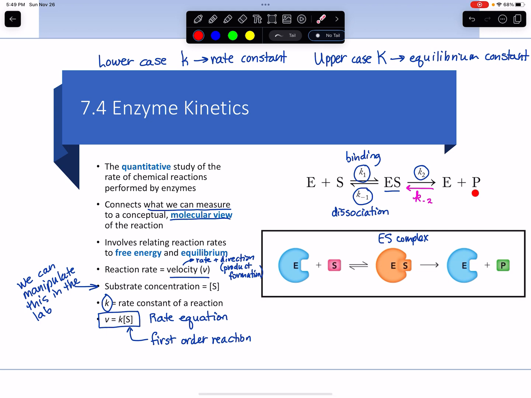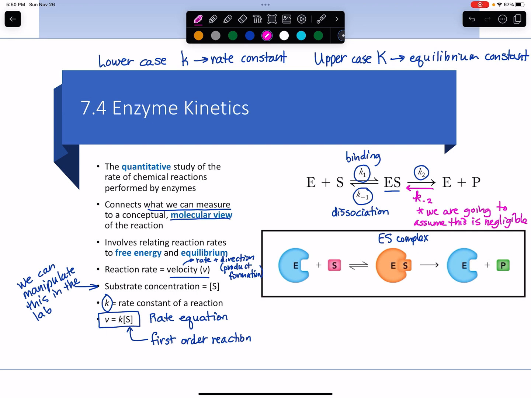You don't get product combining with enzyme to reverse the chemical reaction and make an enzyme-substrate complex. This is a spoiler alert. We're going to assume this doesn't happen, or better to say that it's negligible. So that's setting the scene.